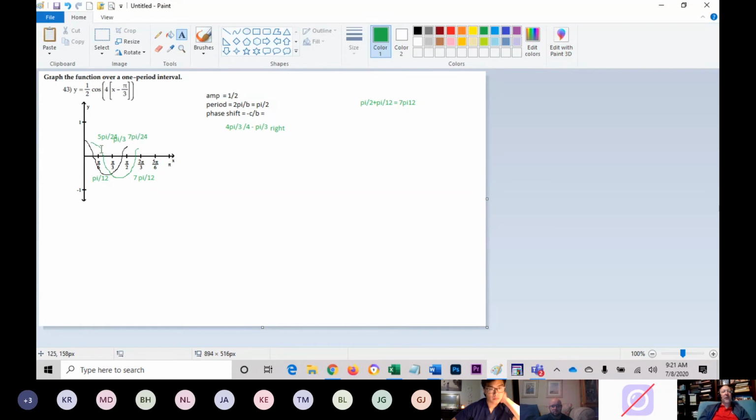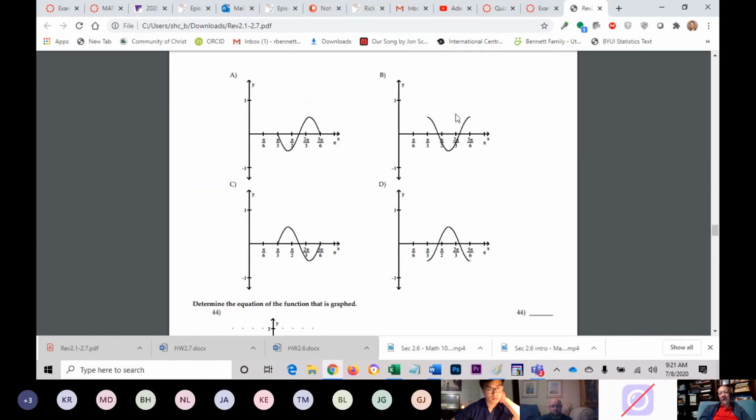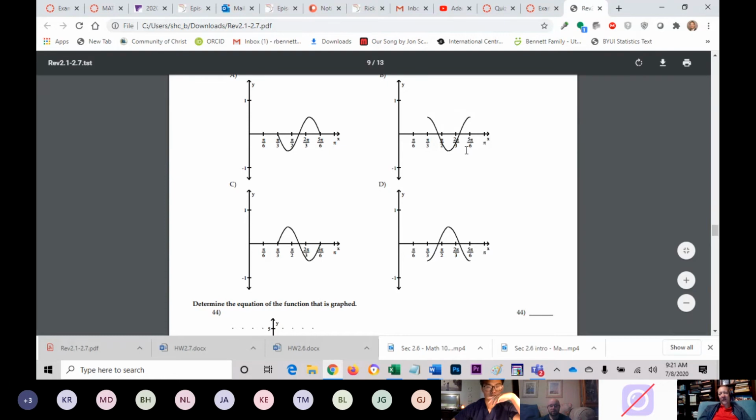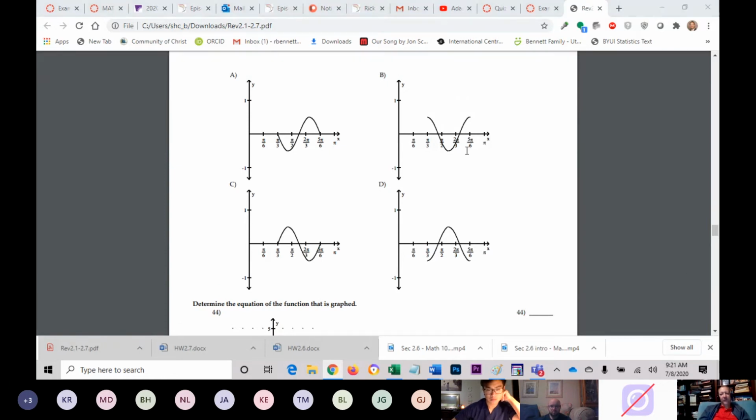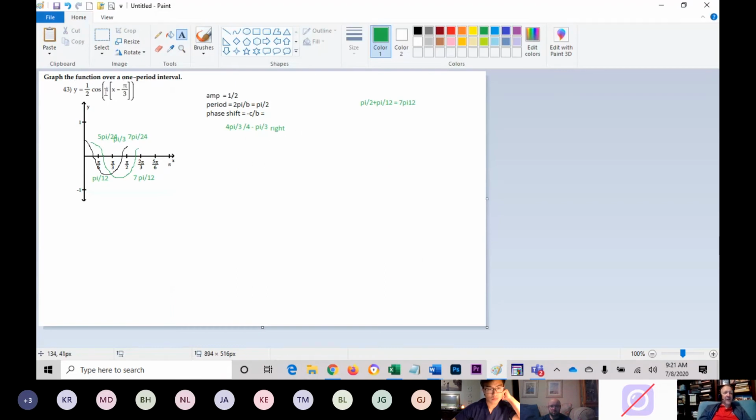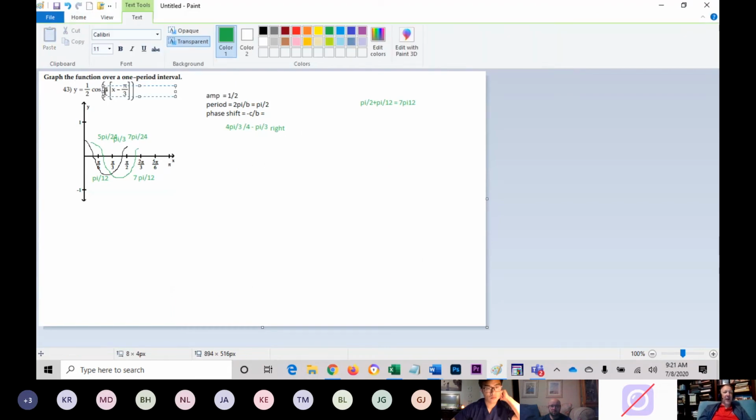Even though we did it wrong, it was nice that we had the multiple choice because we knew that these 3 had to be wrong and that had to be the best answer. So don't forget to distribute the 4. I was thinking the 4s would cancel, but they didn't cancel.